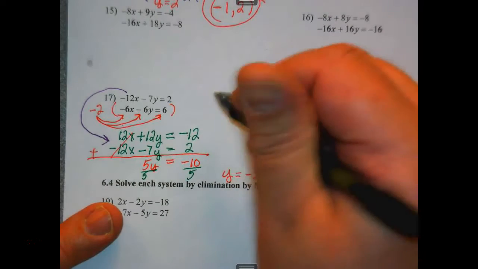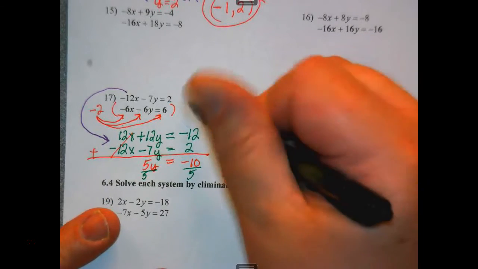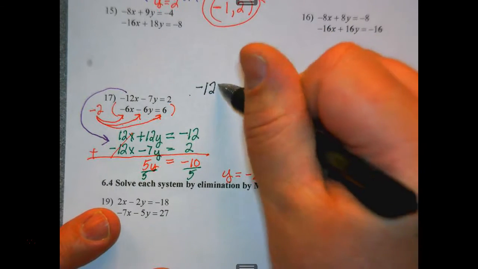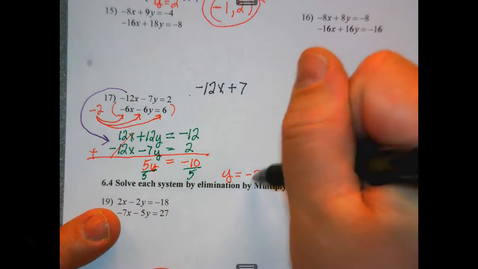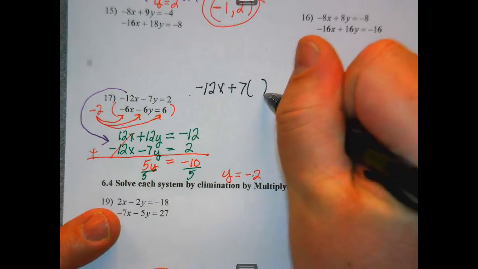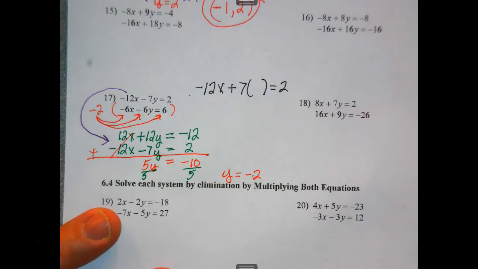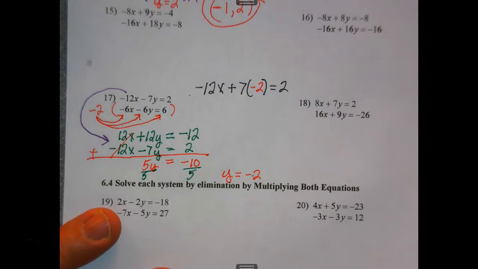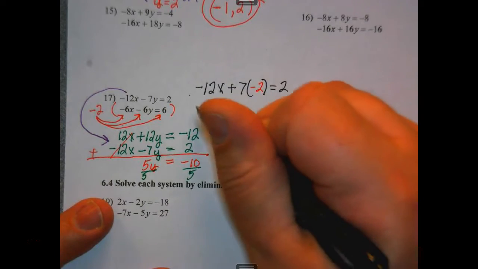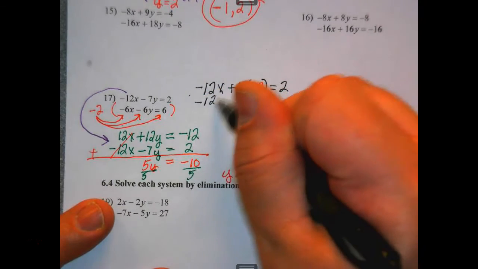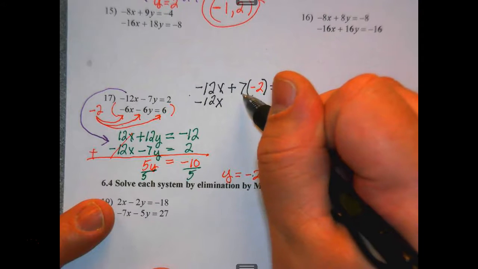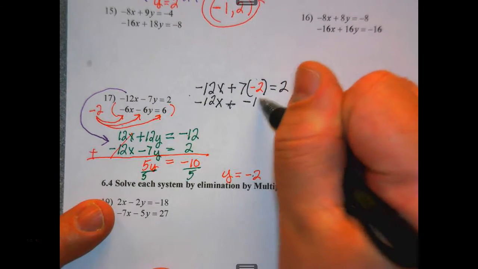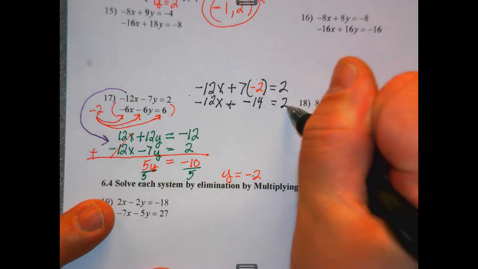Pick one. Pick the top: negative 12x plus 7y. I figured out what y was. Equals 2. Y is negative 2. So I get negative 12x plus 7 times negative 2, which is negative 14, equals 2.